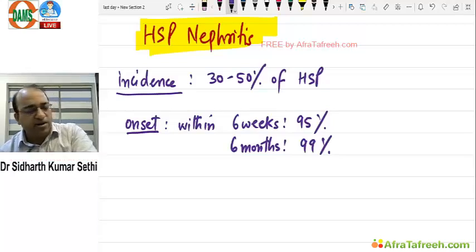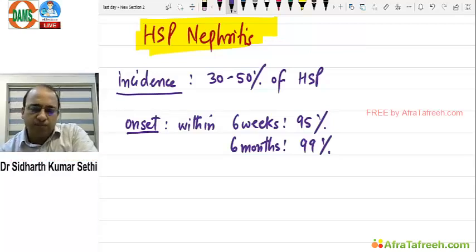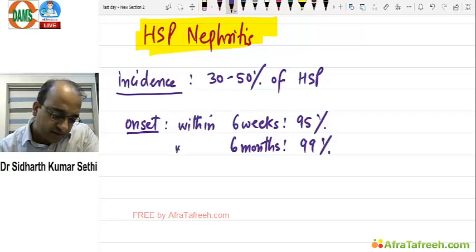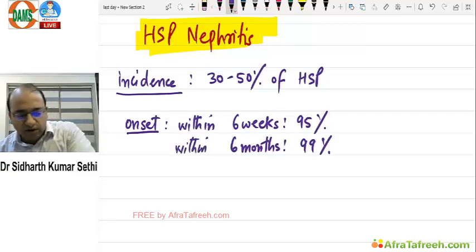I see these children every week in North India. Whoever gets HSP in my state, somehow all these children come to me, and I look at their urine examinations at least for the first 6 weeks, because mostly kidney is involved within 6 weeks of onset of HSP. If it is going to happen, it happens in the first 6 weeks. And a small fraction may also have it later on.